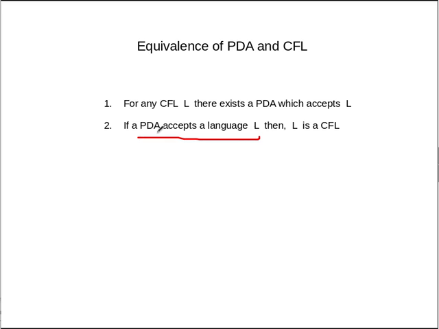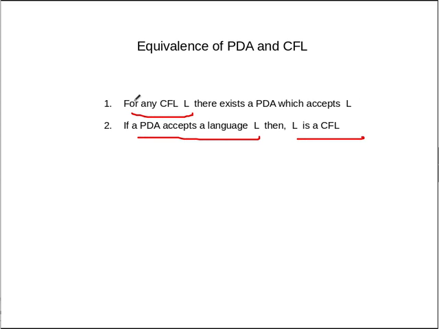If L is accepted by a PDA, then L is a CFL. If L is accepted by a PDA via final state, then it is also accepted, in fact if and only if it is accepted by a PDA by empty stack. So in this part we need not specify whether this PDA is accepting via empty stack or final state. It says that if L is accepted by a PDA, then L is a CFL, and similarly if L is a CFL, then there exists a PDA which accepts L.